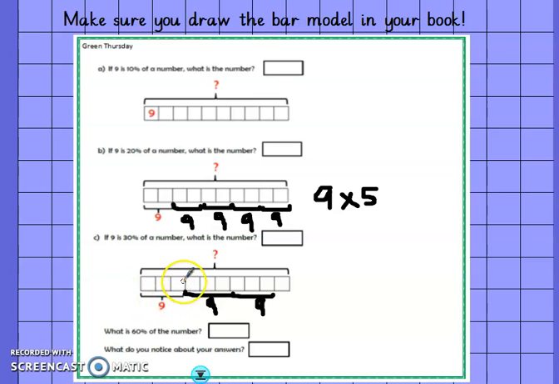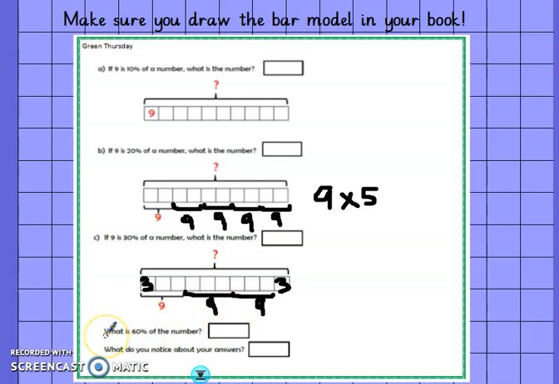So 9 divided by 3 will give us 10%. So 10% would be 3. So I would put 3 in that last box. Then I would need to do 9, add 9, add 9, add the final 3. And that would tell me my answer in the end.